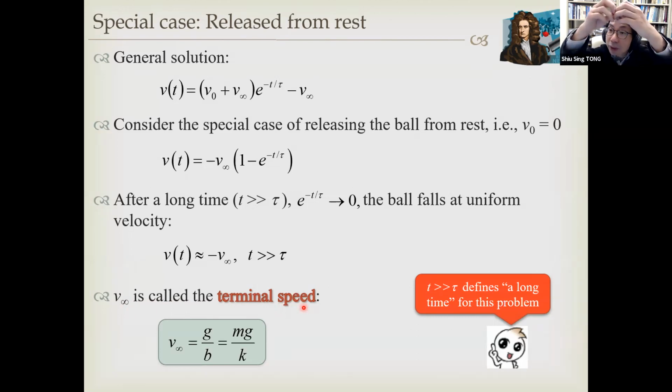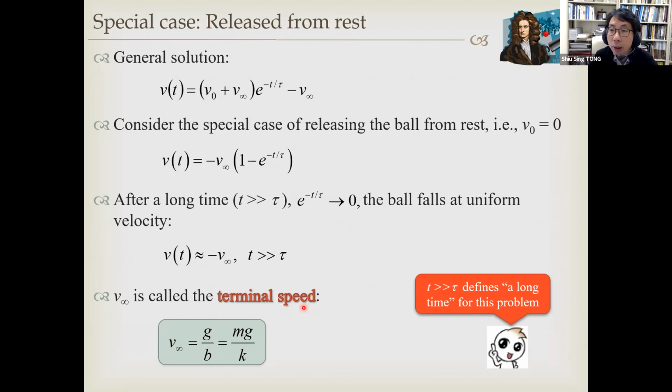When you drop an object in a viscous medium, like for example, you have a skydiver released in air, the skydiver will be accelerated by the downward force of gravity. But eventually, the air resistance will be sufficiently high to just overcome the weight of the body. And when the air resistance becomes equal to the weight of the body, the two forces cancel each other.